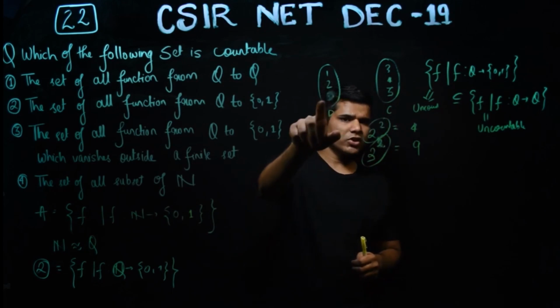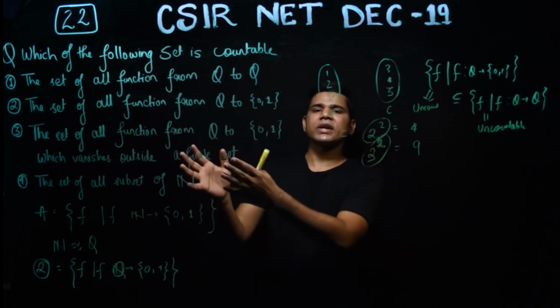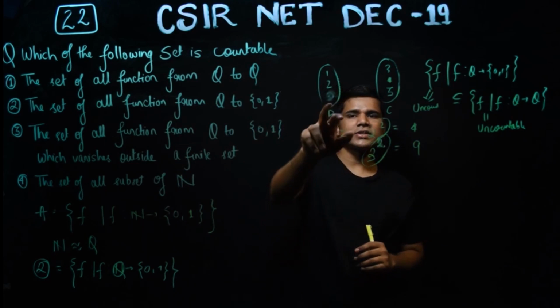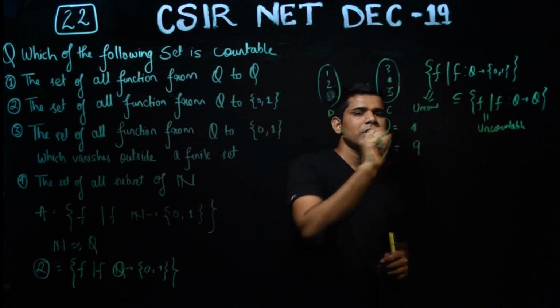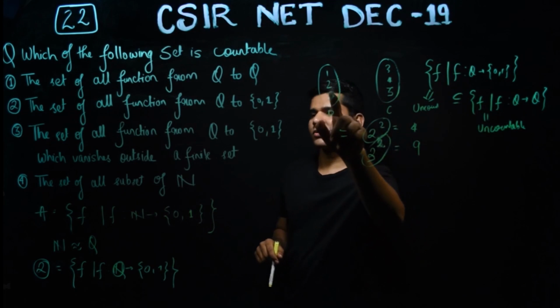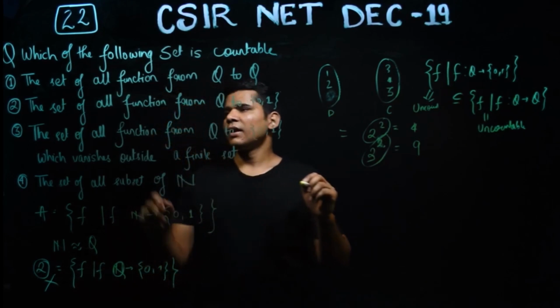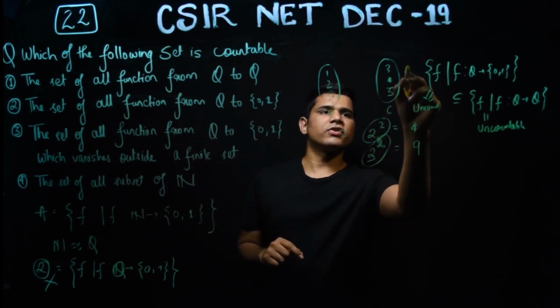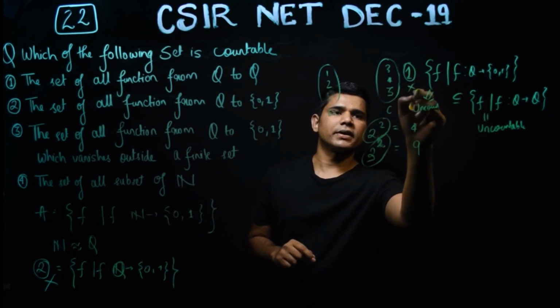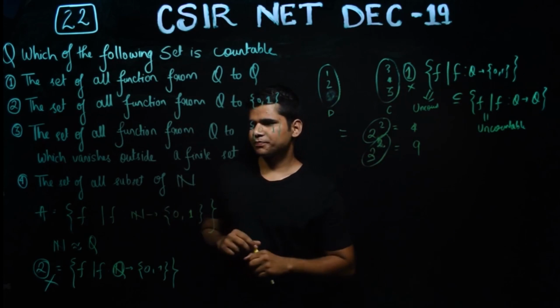The same will happen for the domain also, but in our case the domain remains the same, so I have to remove this thing. Now your second option is incorrect, and what I have proved is that your first option is also incorrect.